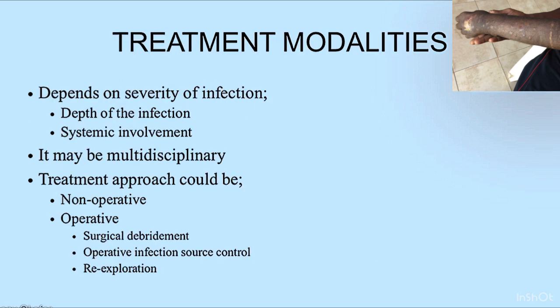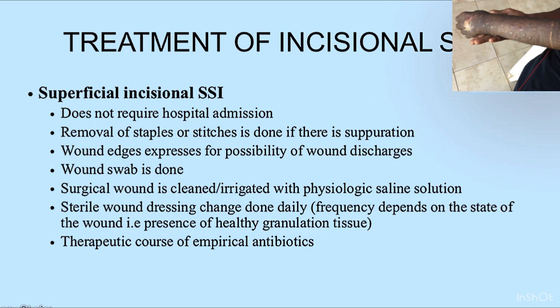So for treatment modalities, depending on the severity of the infection, the depth of the infection, and systemic involvement, the treatment is usually multidisciplinary. The treatment approach could be non-operative or operative, involving surgical debridement and re-exploration. So for treatment of incisional surgical site infection, the superficial incisional surgical site infection, that's those involving the skin and the subcutaneous tissue, most times they do not require hospital admission.